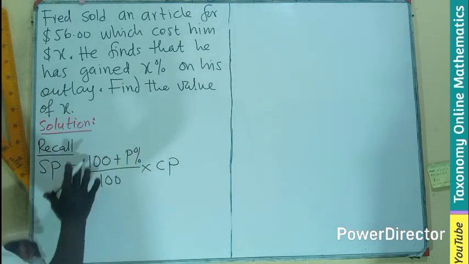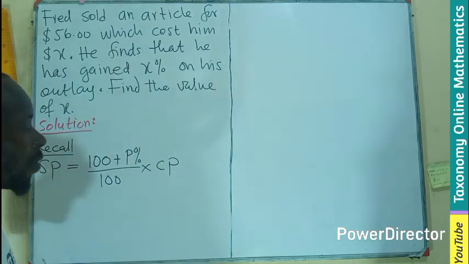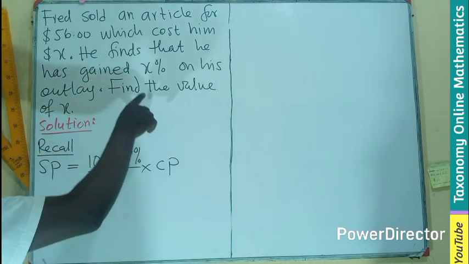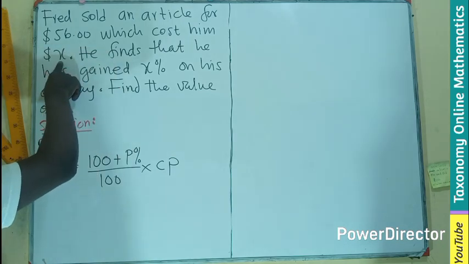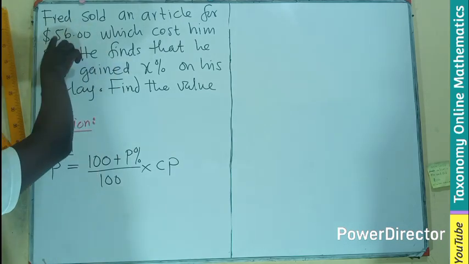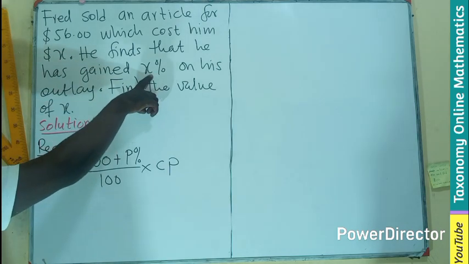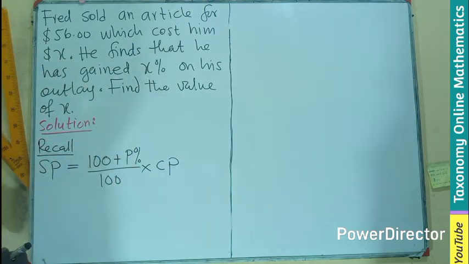The cost price. Remember, we have been given the cost price as X, the selling price also, and the profit percent. So we can do direct substitution.